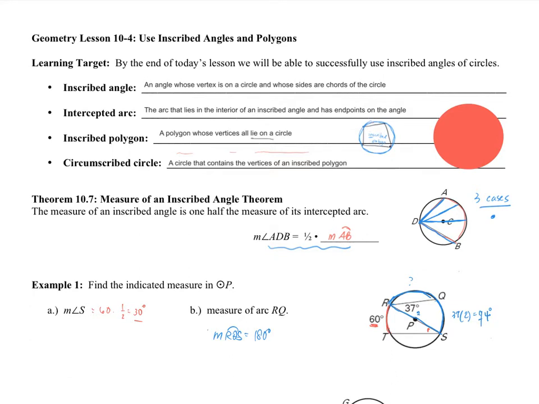And by the arc addition postulate, I could set this equal to arc RQ plus arc QS. So 180 degrees equals question mark, I don't know, plus QS, which is 74 degrees, then measure arc RQ should be equal to 106 degrees.